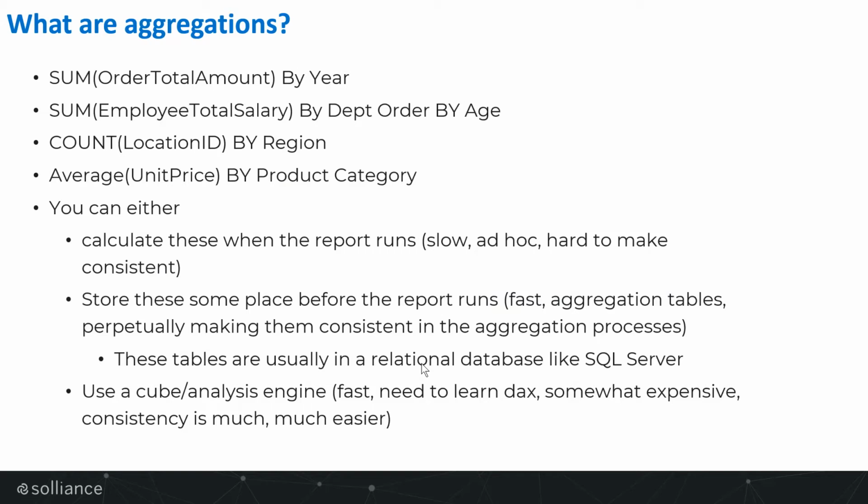Now let's talk about that aggregation layer that we talked about earlier. When we talk about aggregations, we're talking about adding a fact, right? Like what's my total order amount by year? That's a summarization. Or count my total locations by region. Or give me my average employee salary by job title. Those are all aggregations.